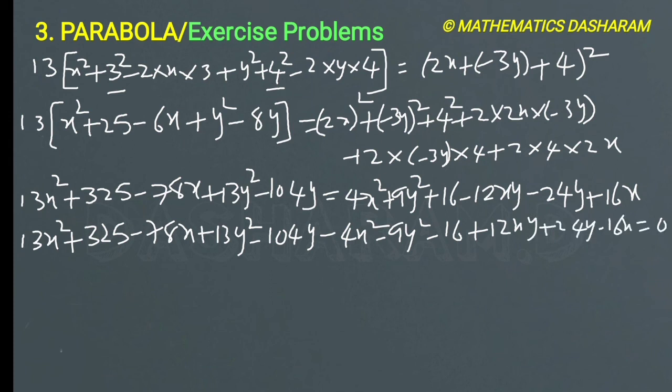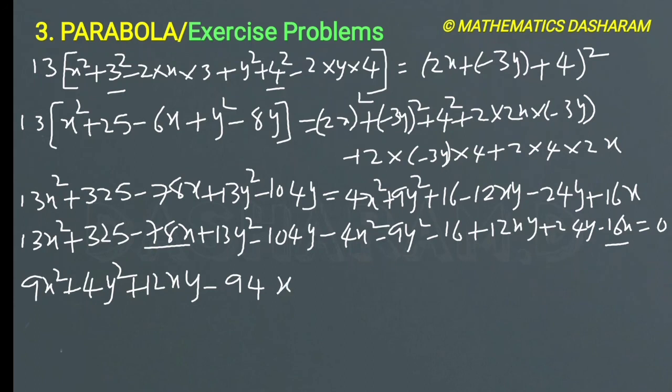So 13x square minus 4x square is 9x square. Next 13y square minus 9y square is plus 4y square. Next 12xy plus 12xy. Next minus 78x minus 16x, minus 94x.